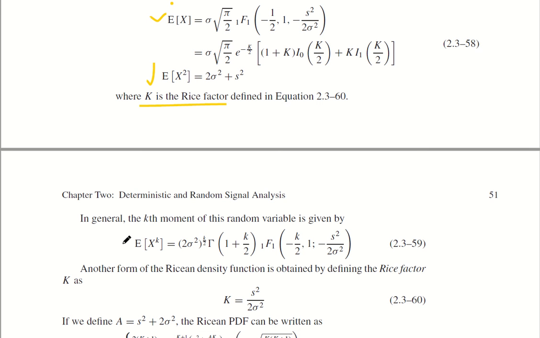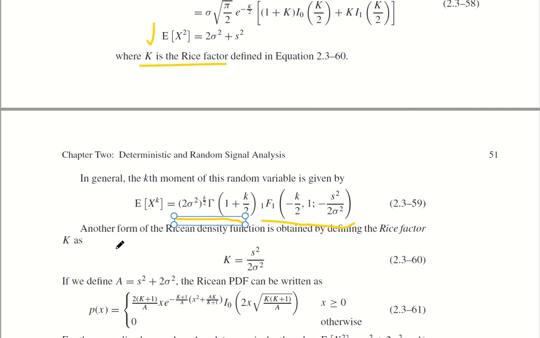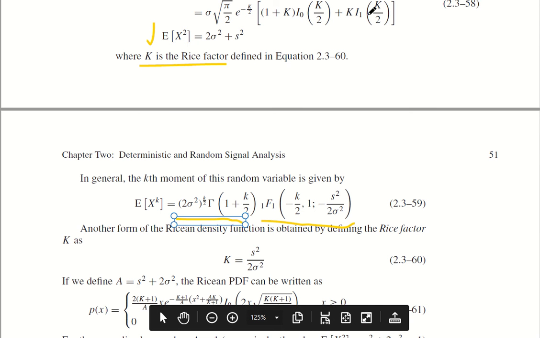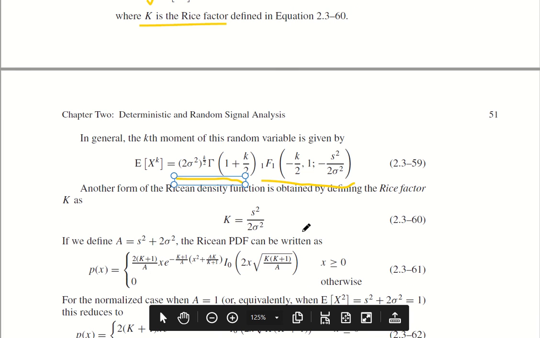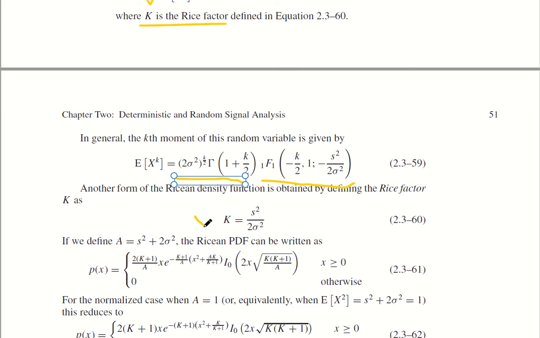And the k-th moment of this random variable is given by this one, which is a bit complicated, but we just go through it. Another form of the Rician density function is obtained by defining the Rice factor k equal to s squared divided by 2 sigma squared.